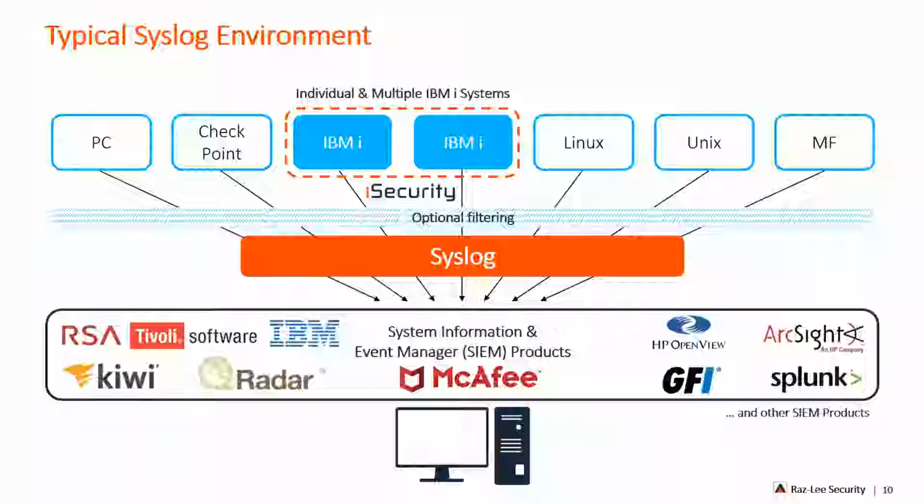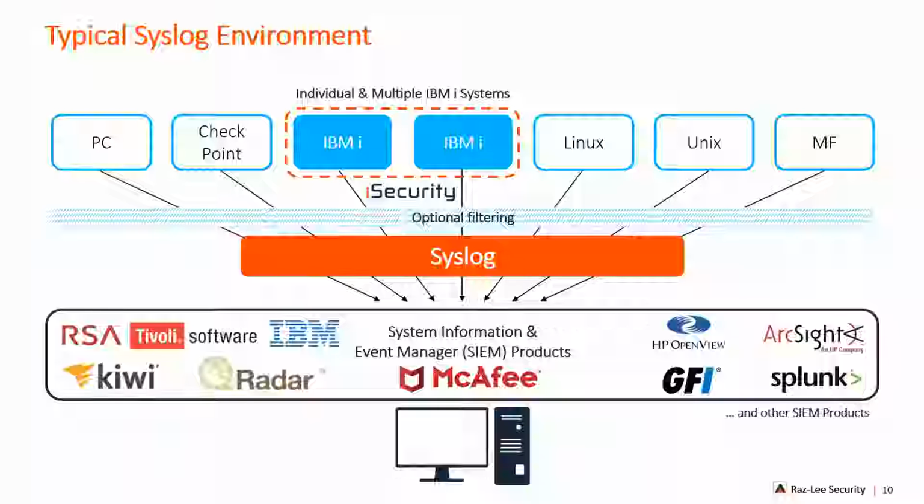So it's an optional function. You can send everything, or you can filter it, or you can send everything and clear the log in the AS400. So it's a very economical method. You send every log into the SIEM, and you automatically clear the AS400 logs of the iSecurity products.